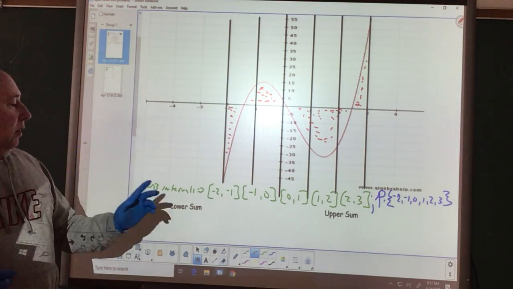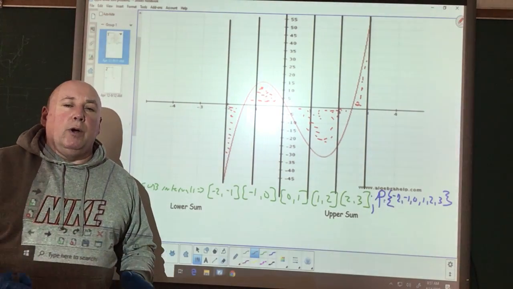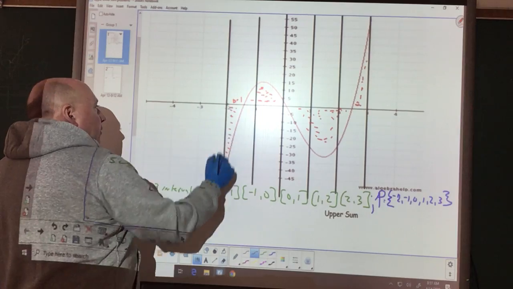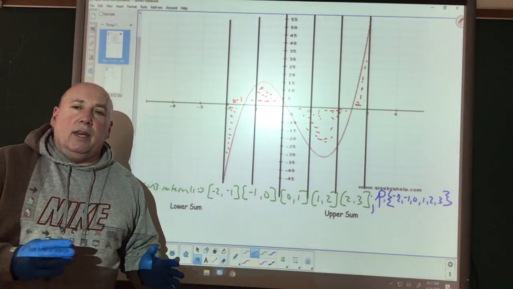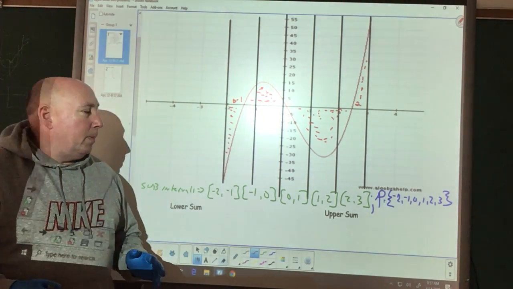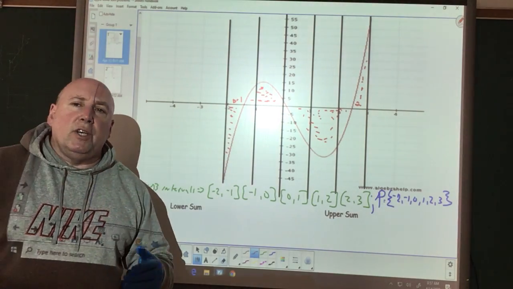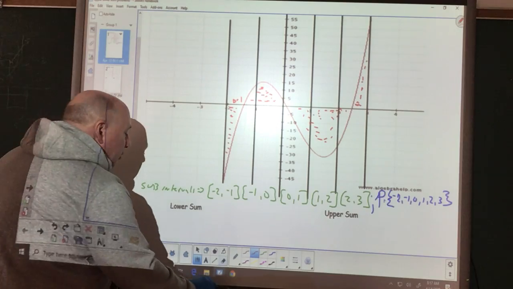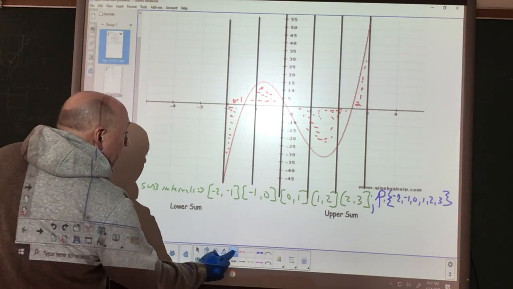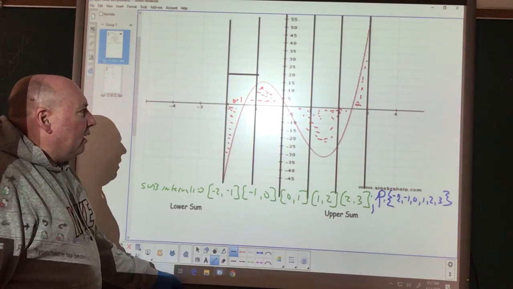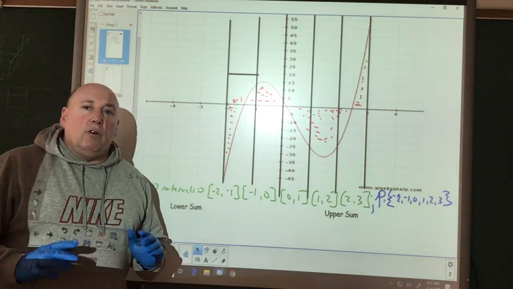Well, the lower sum we start out with has a delta x of 1. My base is the value of 1. We're once again calculating areas of a rectangle. My lower sum, by definition, I have to draw a horizontal line so that it is entirely below the graph of the function.